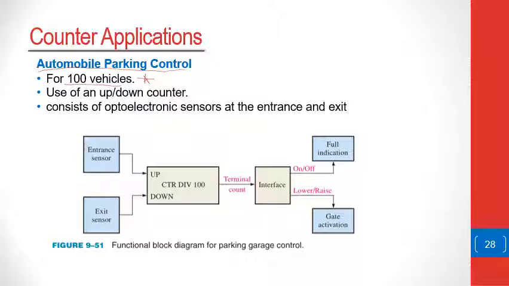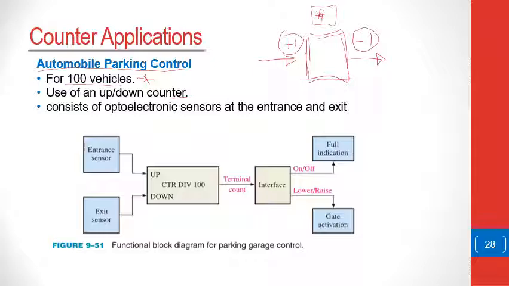It uses an up-down counter. So as a vehicle enters, it adds 1, and as it leaves, it subtracts 1. So the display of such a system will ensure that the number being displayed is accurate, and the person entering the parking lot can see if the parking lot is full or not.